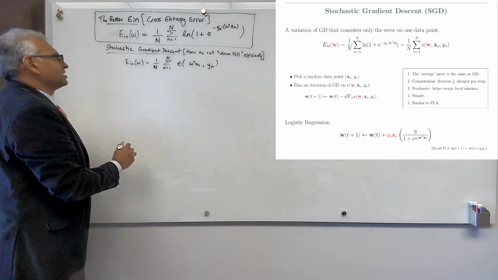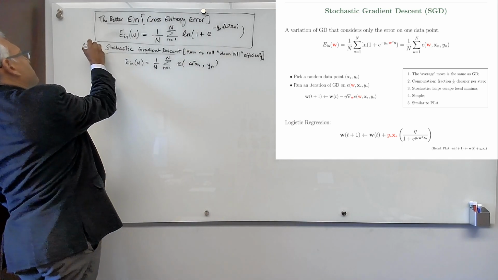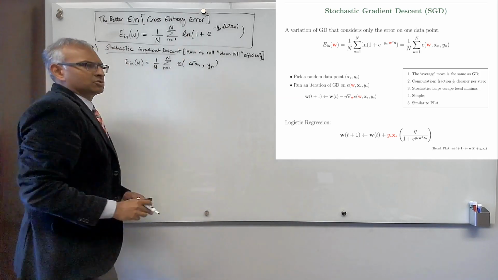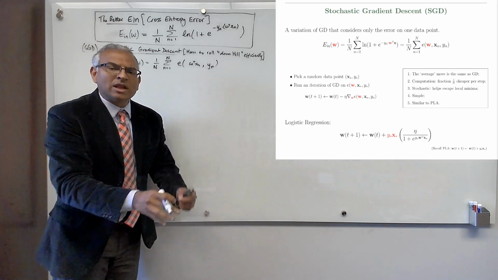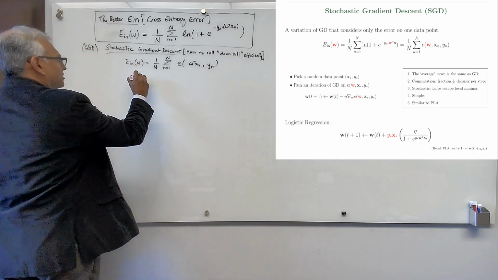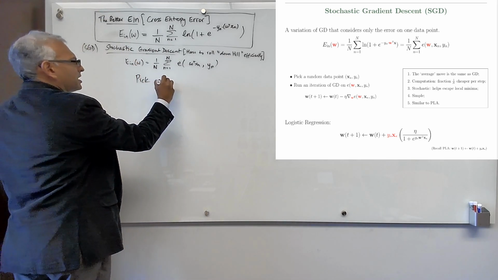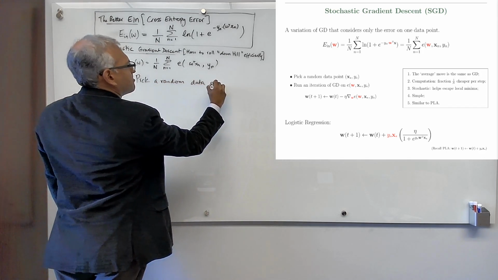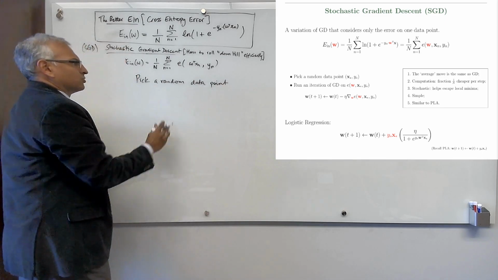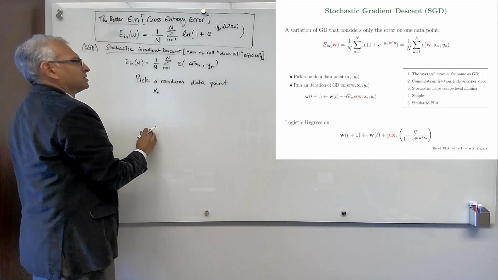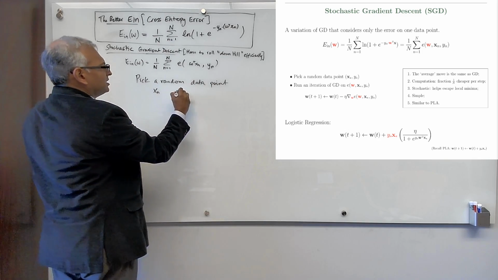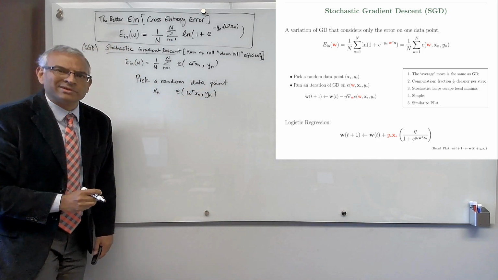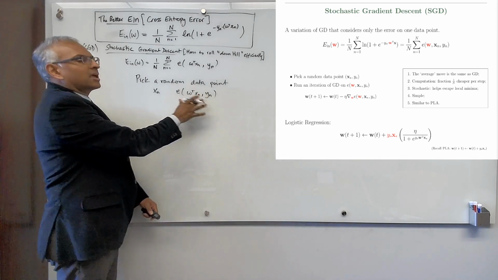So stochastic gradient descent, or SGD, basically says, don't compute all the individual gradients and then add them up and make one move. Pick a random data point. For this random data point xn, the error that you're currently making is E of W transpose xn, yn. Well, minimize that error a little bit.